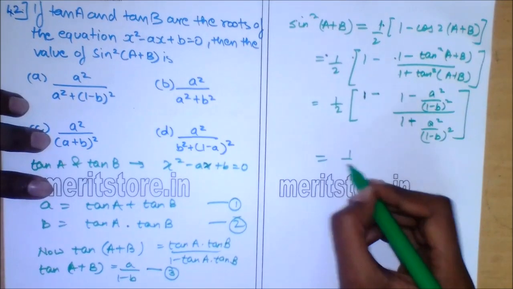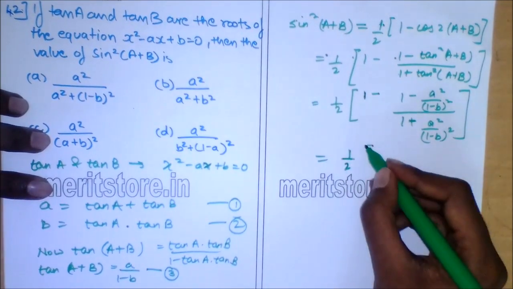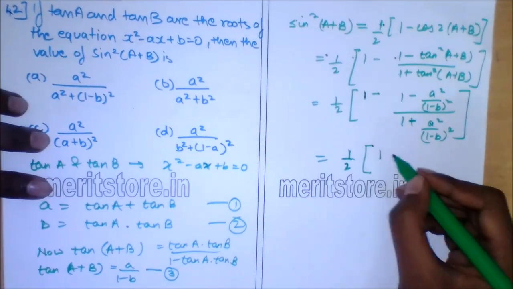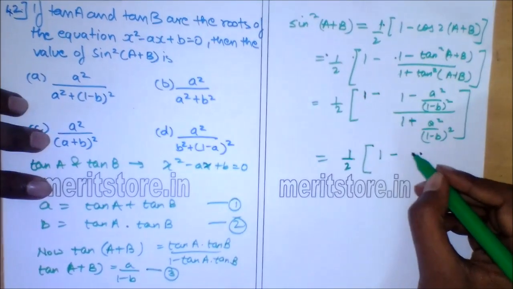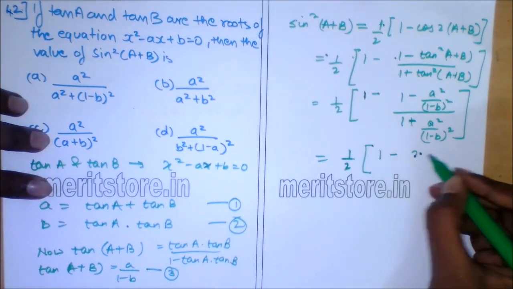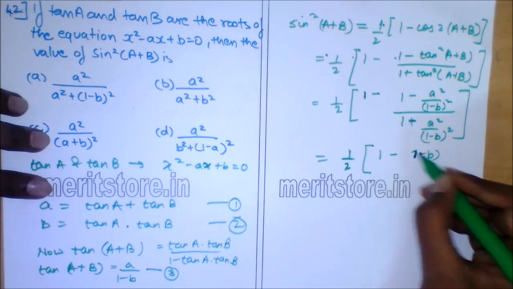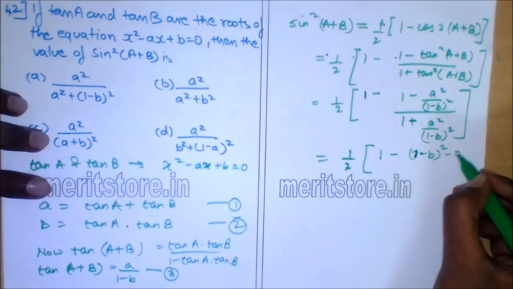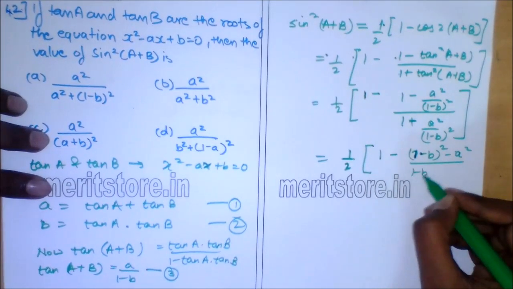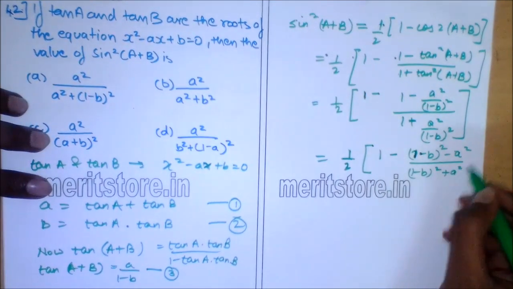Simplifying it further, we get half into 1 minus (1 minus b the whole square minus a square) upon (1 minus b the whole square plus a square).